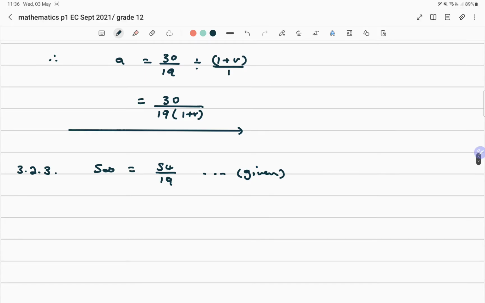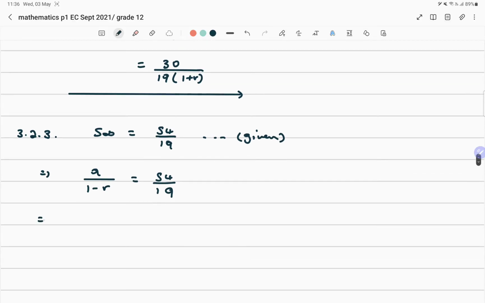Now, what do we know about sum to infinity? We know that it's a over 1 minus r equals 54/19. Now, what do we know? We know that our a is 30/19 into 1 plus r. Okay? That's our a right there.